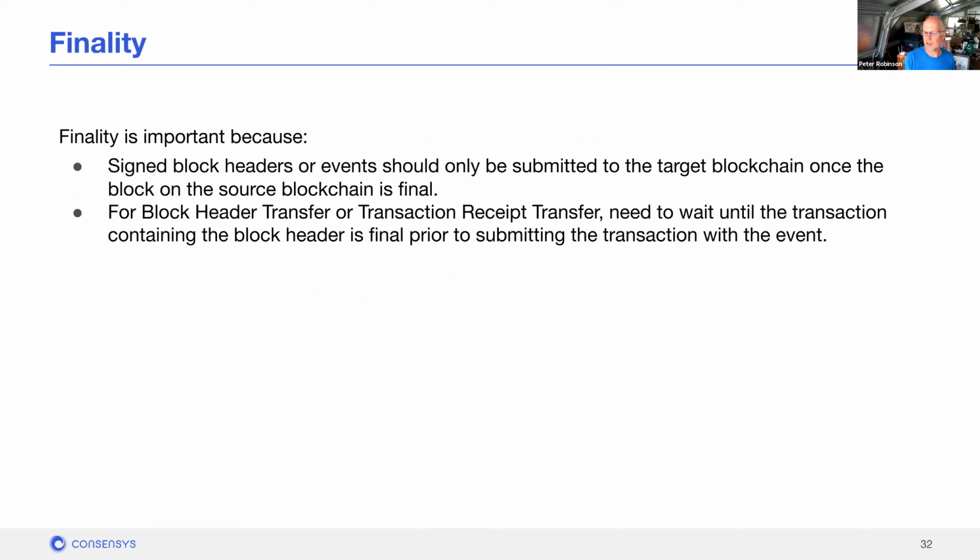For the block header transfer or transaction receipt transfer mechanisms, when you submit the block header to the target chain, you're going to want to wait till that's final. I mean, you could put in a transaction which relies on that block header, but then you risk having it reorganized and your transaction which relies on it then would become invalid. So you'd get charged gas for something that wasn't going to work.